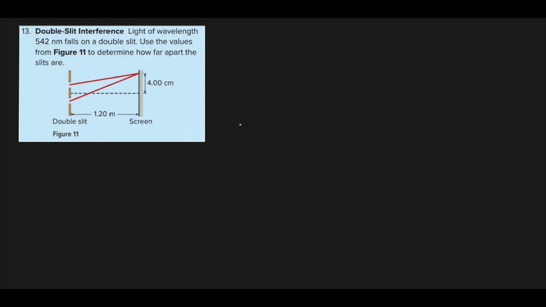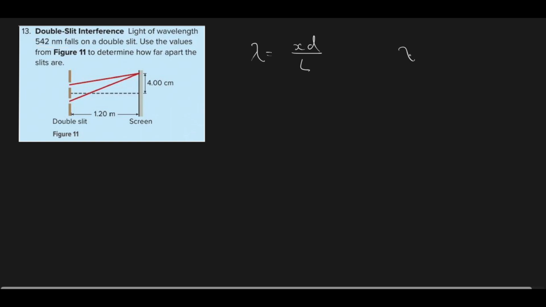This is our answer. Now this next question is extremely similar, so let's write the equation again. Lambda is equal to xd divided by L, and this time, what do we know? We know the wavelength of the light, so lambda is known. Lambda is equal to 542 nanometers, which is 542 times 10 to the power of -9 meters.